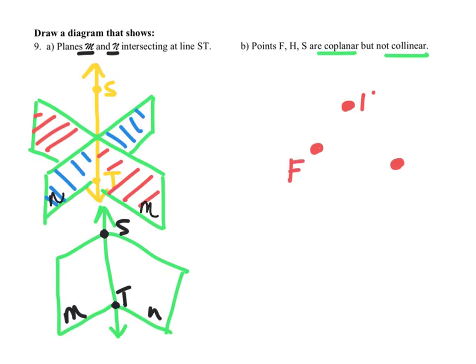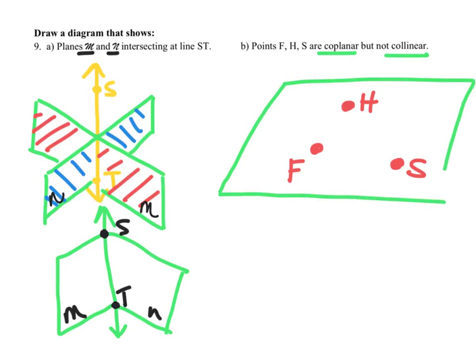F, H, and S. They're on the same plane, so we can draw a plane that's containing all of these points. Okay? And it doesn't say the name of the plane, so you don't have to name it technically. I'm just going to put a K for fun, but there we go. 3 points. I can't draw a single line through all 3 of those. They're in the same plane. They're not collinear. Just be very specific when you're doing the drawings. And let's go on.